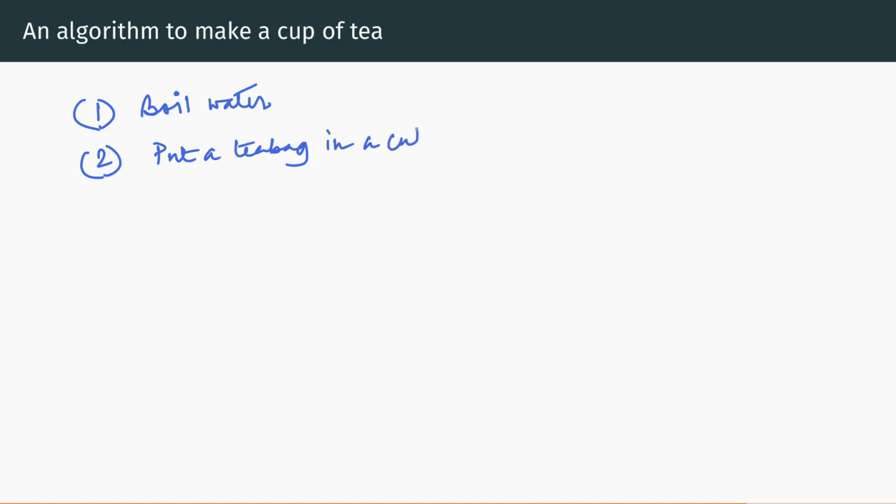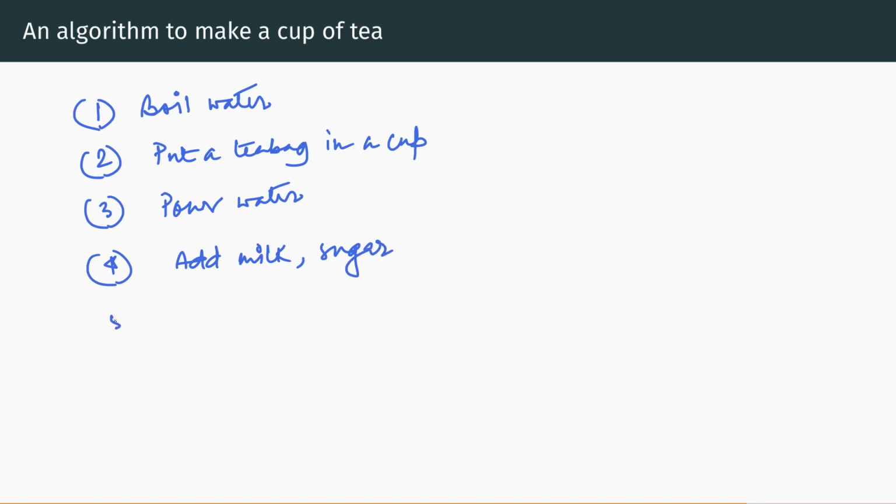Pour water, right? And add milk and sugar, right? And five is stir, right?